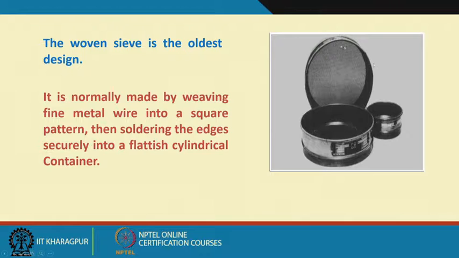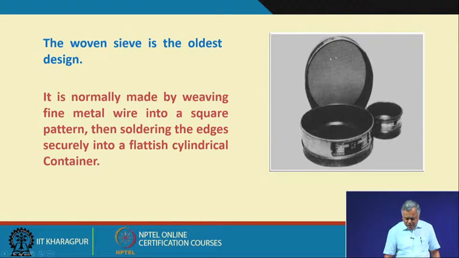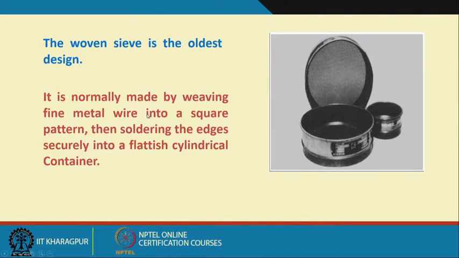Now, the woven sieve is the oldest design. This is the woven sieve, basically made of wires. It is normally made by weaving fine metal wire into a square pattern, then soldering the edges securely into a flattish cylindrical container. So, that is how these sieves are being made.